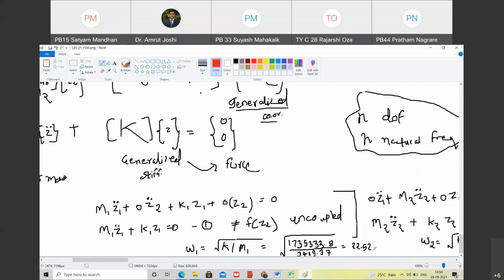So check this. चलो करो calculation. 173533. Satyam, you said yes, you are correct without checking. 1735333.8 divided by 3419.37 and square root of that.